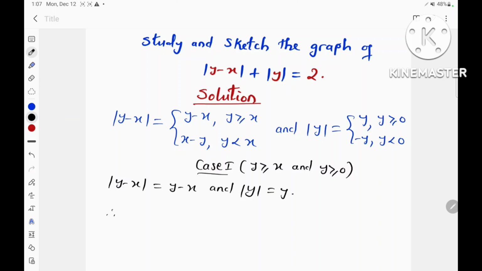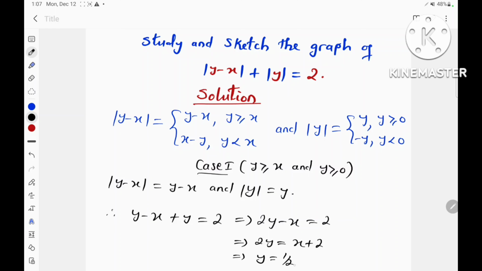And therefore, from the given equation, we're going to have y minus x plus y, which is equal to 2. And so this implies that 2y minus x is equal to 2, which implies that 2y is equal to x plus 2, and that y is equal to half into x plus 2.